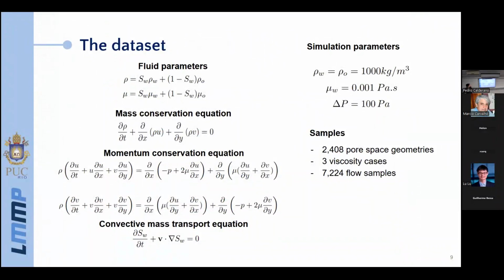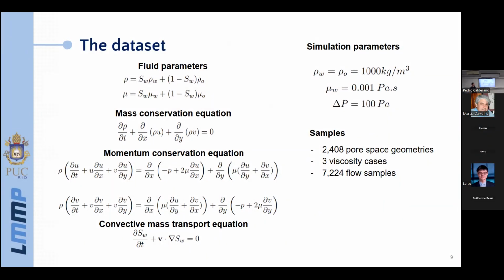So my model, my finite momentum model, considers the mass conservation equation, the momentum conservation equations, and the convective mass transport equation. I have as simulation parameters the density of water and the density of oil set as 1,000 kilograms per meter cubed. The viscosity of the water is set as 0.001 pascal second, and the pressure differential is 100 pascal.